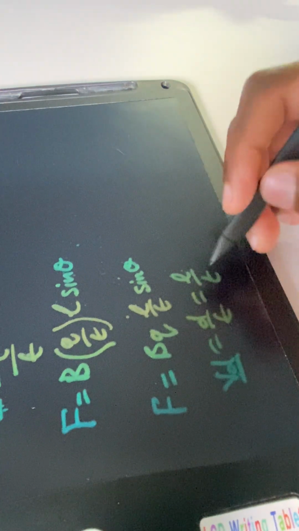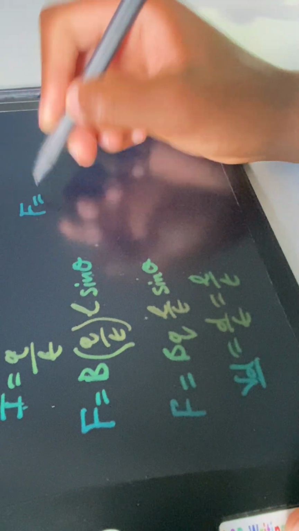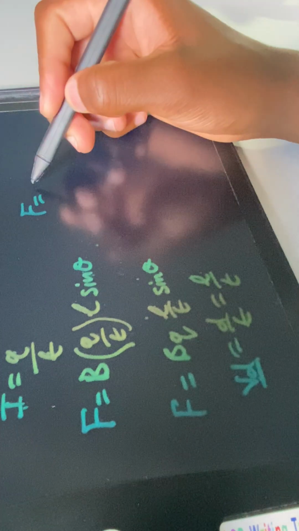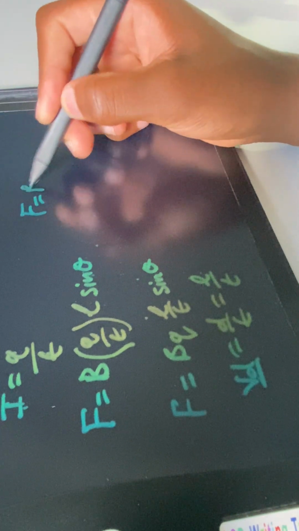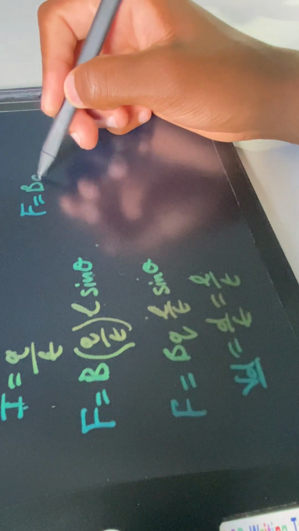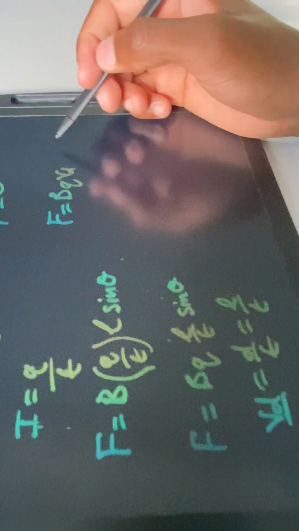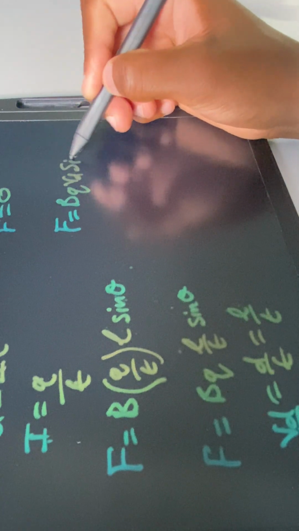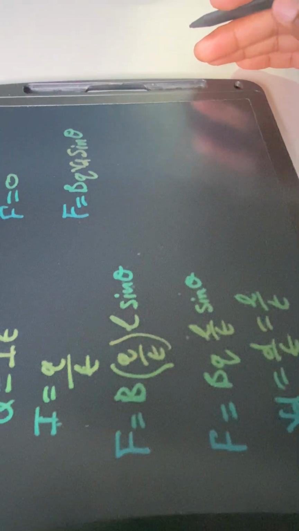So therefore, the magnetic force within the wire is F equal to the magnetic field intensity times Q times V, the drift velocity Vd, sine theta.